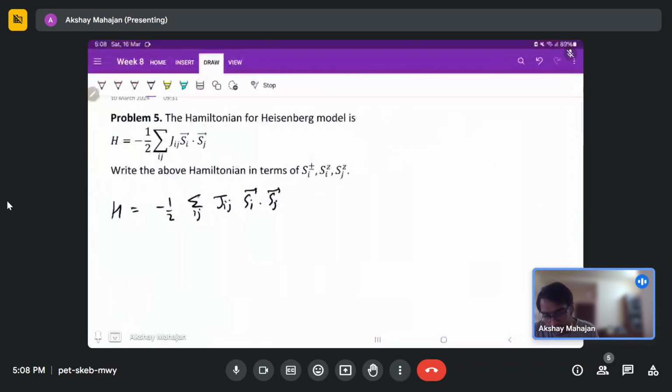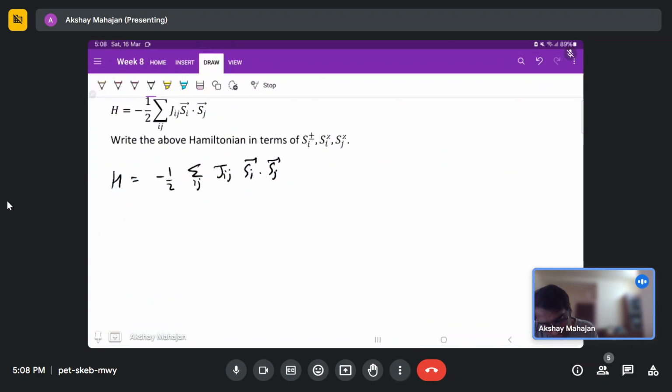So now we just have to take the dot product.